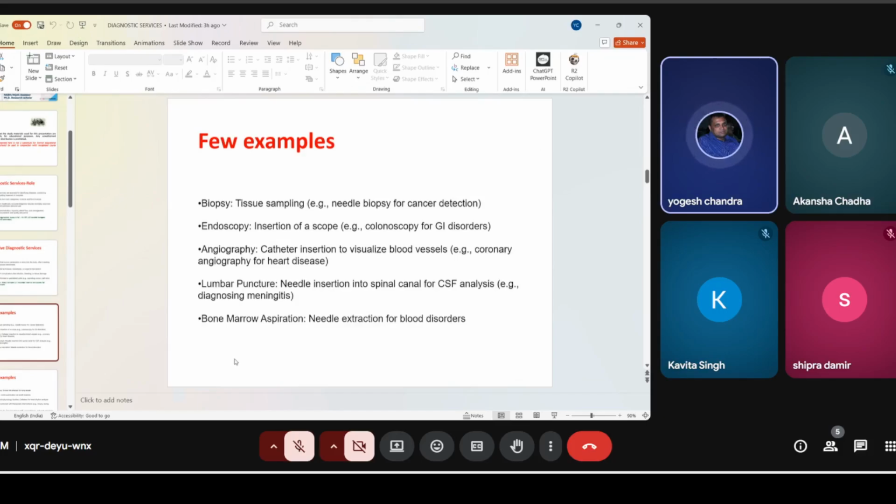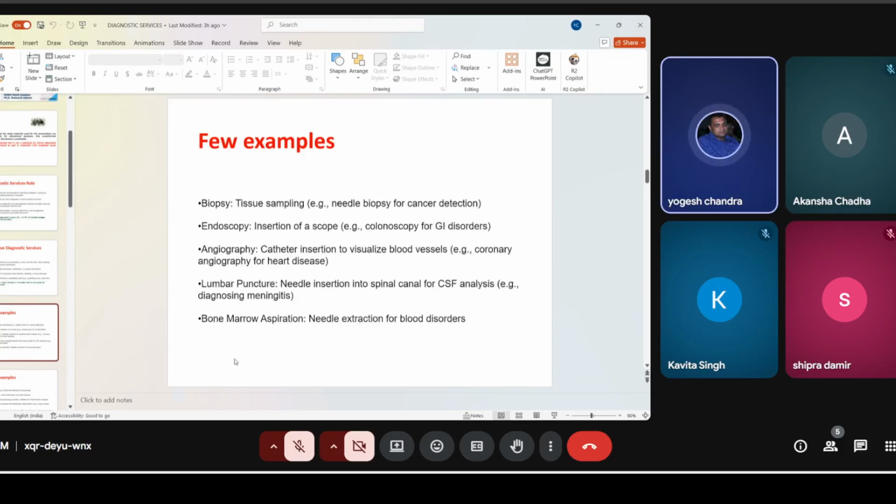That is again invasive. Angiography is the study of the cardiac vessels, how they are supplying the heart. By putting in a dye and some kind of camera, we take pictures. So that is again entering the body. Lumbar puncture is a very common diagnostic procedure carried out in the hospital.